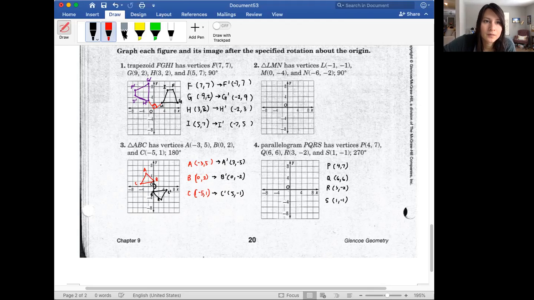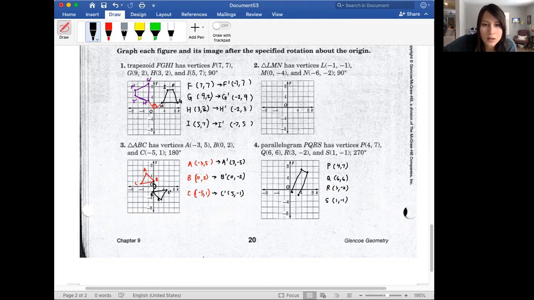Okay, let's plot those points. 4, 7, 6, 6, 3, -2, 1, -1. Okay, it's kind of like a little rectangle on the side.